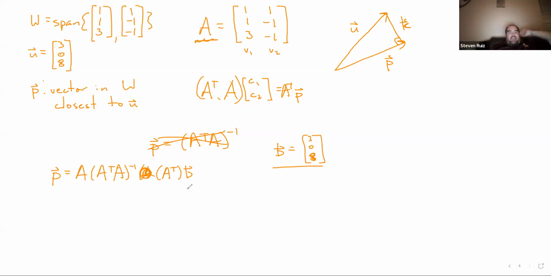So basically, the last two questions we looked at are two different ways of answering the same question. If you're given vectors that span some subspace, and you're given some other arbitrary vector, I would like to find the member of this subspace that's closest to the given vector. Just to recap, why do I need these two different methods?